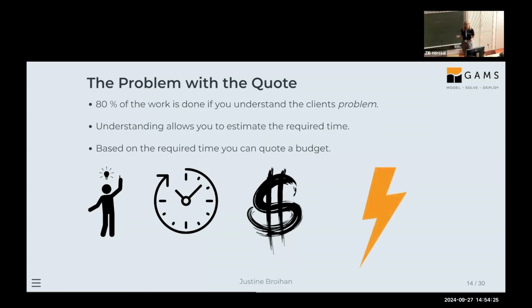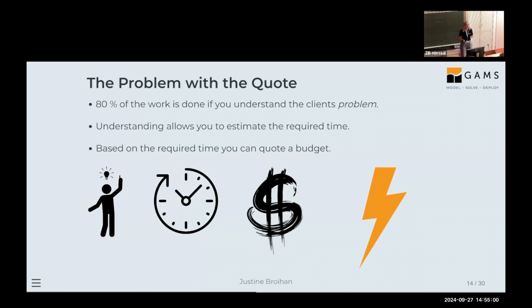But wait, if you need to put in 80% of the work to be able to quote something and give it to the client so that the client can decide, okay, this is something we want to do or not, it's kind of a problem if your client decides, I don't want to do that. So you've spent 80% and you're not getting any cent for the work you've done. And what if all the questioning just annoys the client because they just want to get the project started?